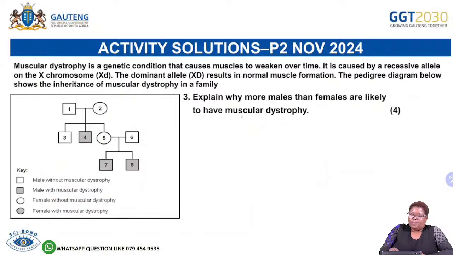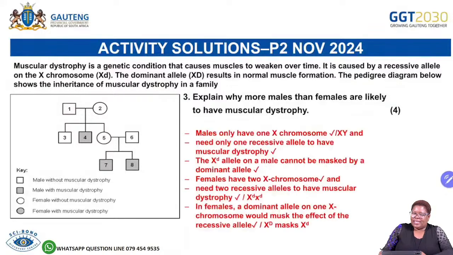And then explain why more males than females are likely to have muscular dystrophy. Explain why more males than females are likely to have muscular dystrophy, right? Look at this answer. Remember, think back of the chromosomes, because we know the chromosomes of the males is XY, of the female is XX or 2 X's.